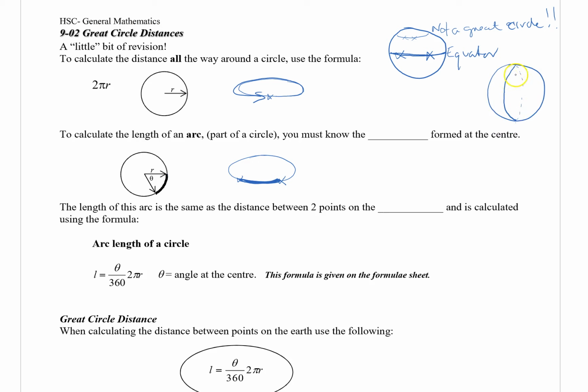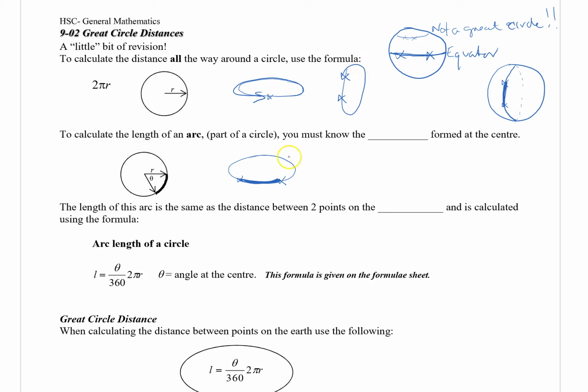So we can, again, use the idea about getting the part of a circle, the distance on part of a circle, and use that to represent the distance between two places. So our circles could also be in this direction, where we're finding the distance, say, between there or there.